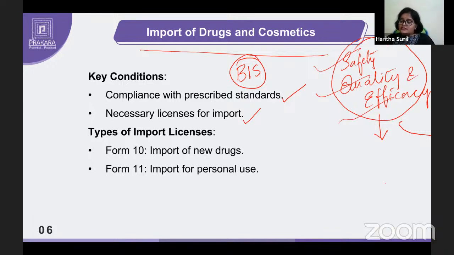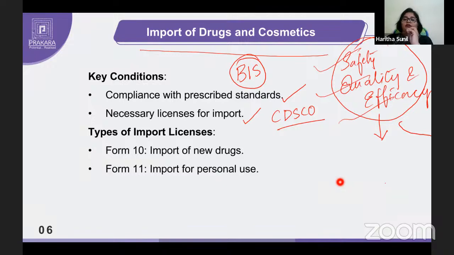And then what are the necessary licenses required for import? Why do we require this license? Because every importer should have a license from the regulatory authority called the CDSCO, the Central Drugs Standard Control Organization.